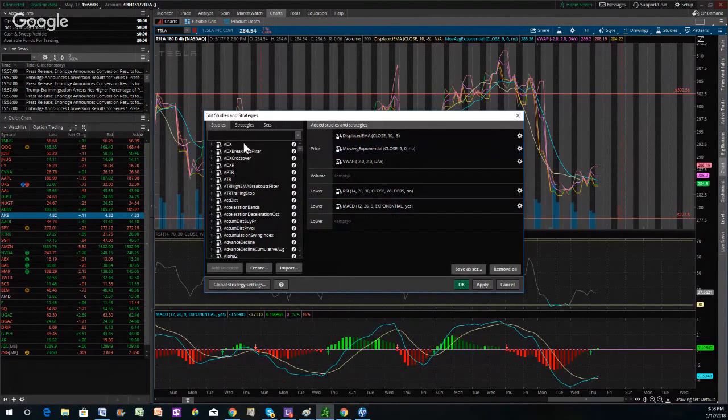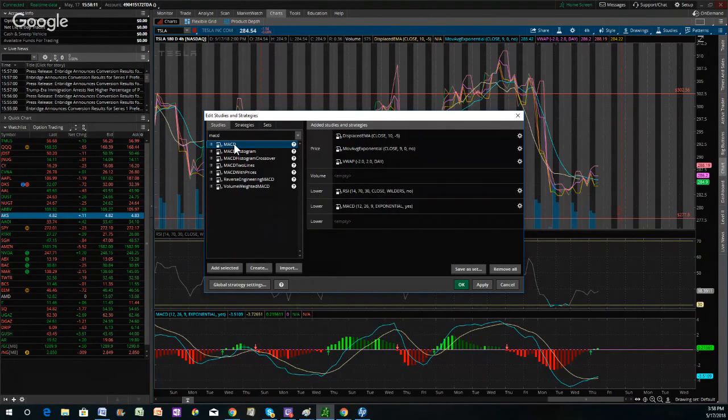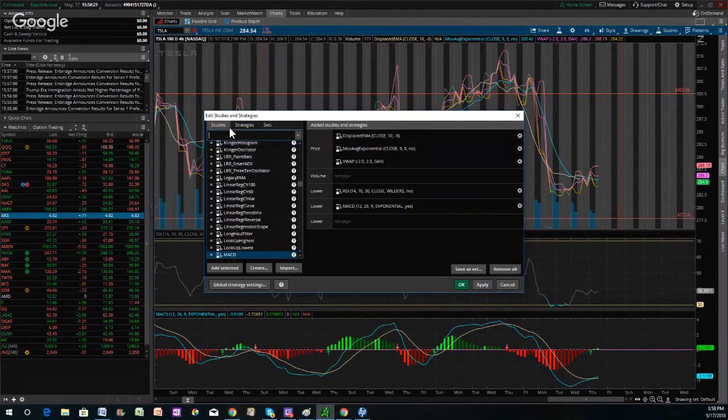You can look up MACD, select it, and add it on here. Same thing for RSI. You can see what I put here and follow that. For the EMA, I just put on EMA, and then there's the displaced EMA I can add on.